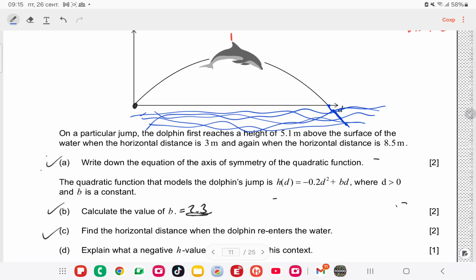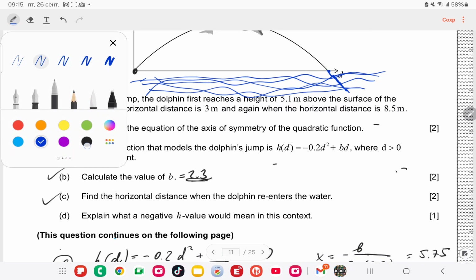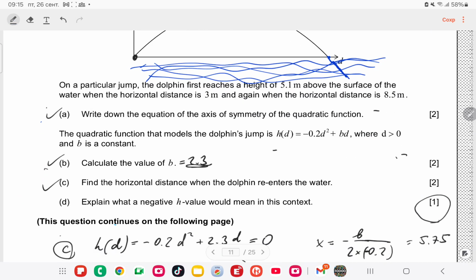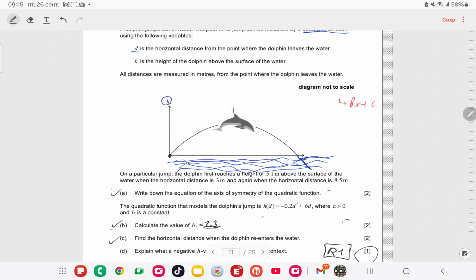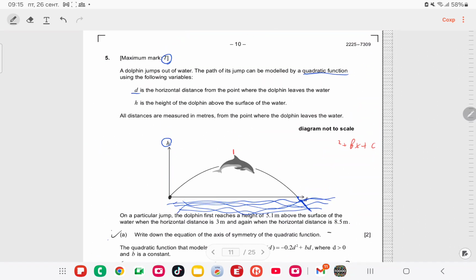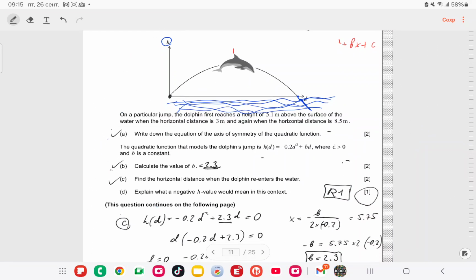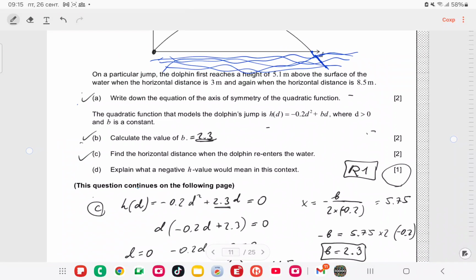I hope it is clear that the dolphin is underwater. It's 1 mark, guys, so pay attention. It should be answered shortly, and 1 mark is R1 for reasoning. Okay, it was a question on quadratic function modeling in real life, and let's go to the next question. See you in the next video.